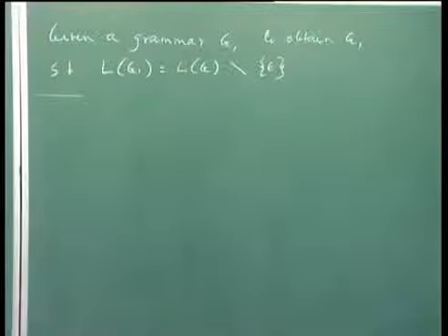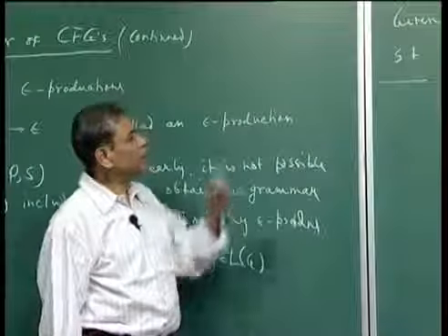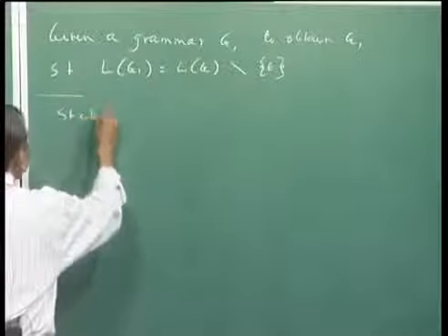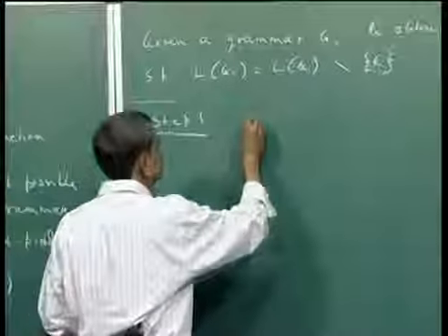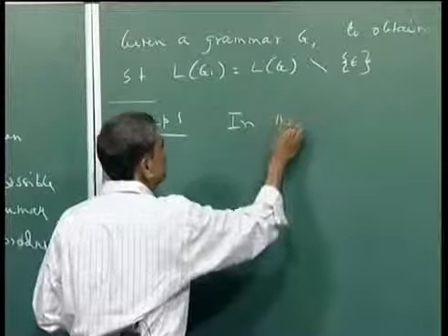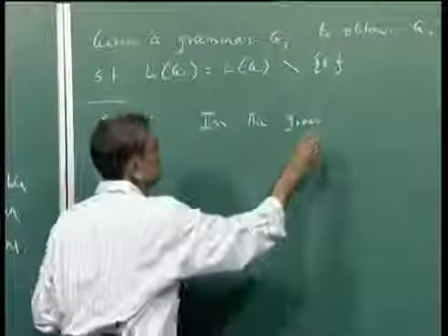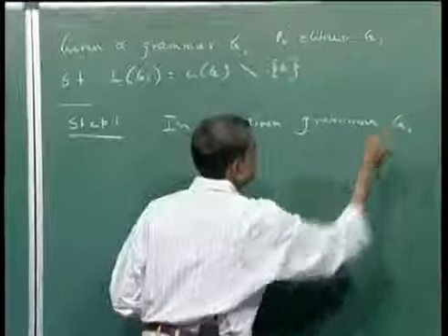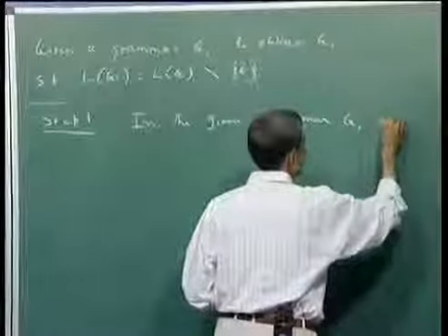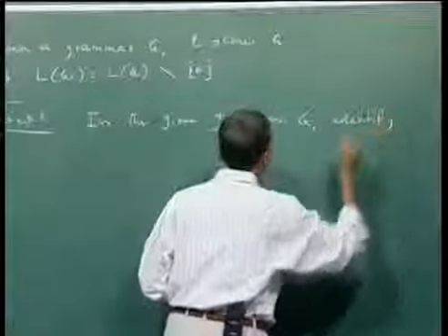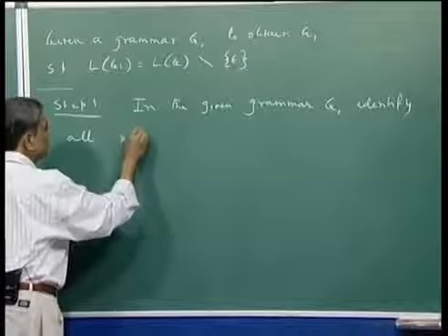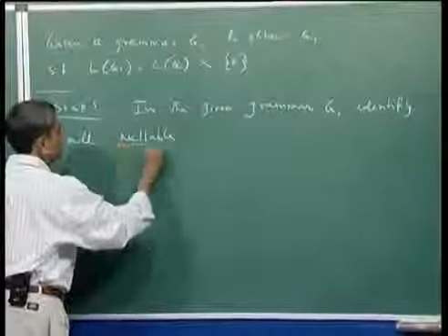So, this is our goal, and the way we achieve this is, step 1, in the given grammar G, identify all so-called nullable non-terminals.